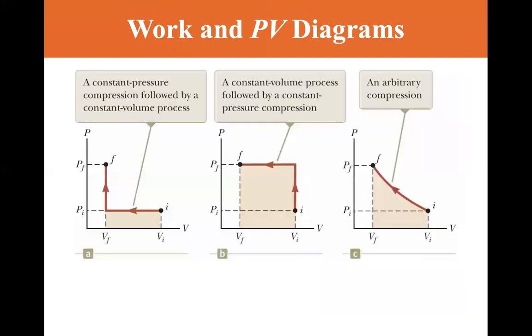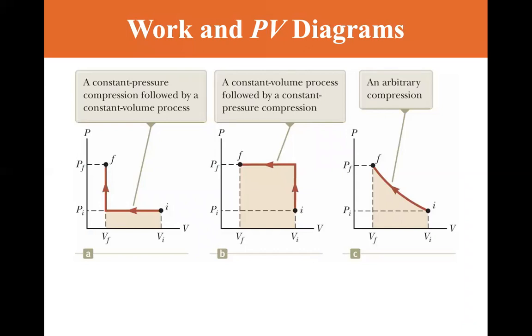Okay, now the path that you take is very important. We can look at these three different paths: A, B, and C. You can see in the first one a constant pressure compression followed by a constant volume process. So in this path, as the volume decreases, the pressure stays the same, and then suddenly there's an increase in pressure.